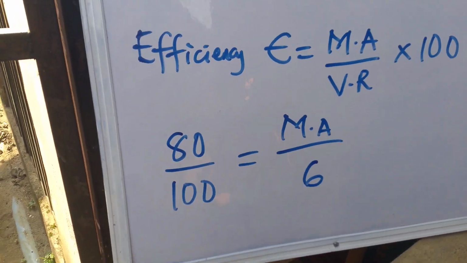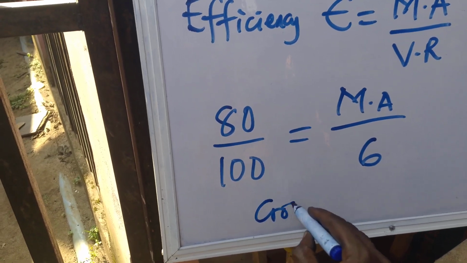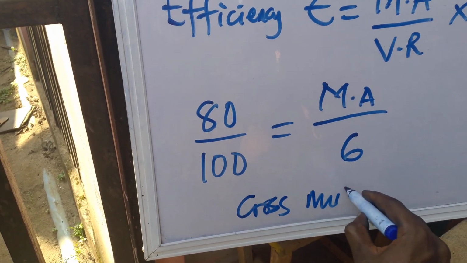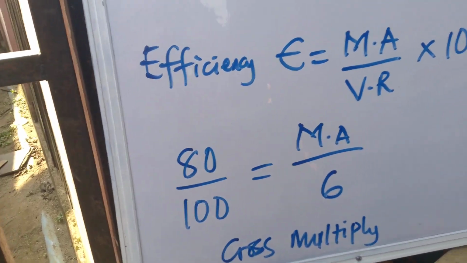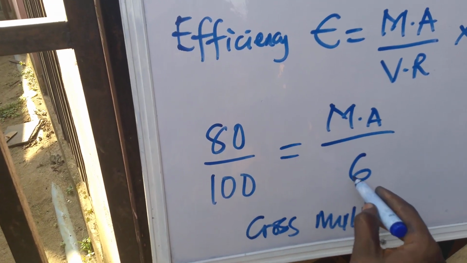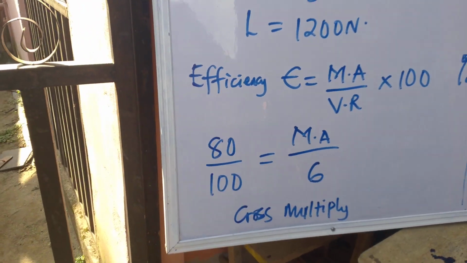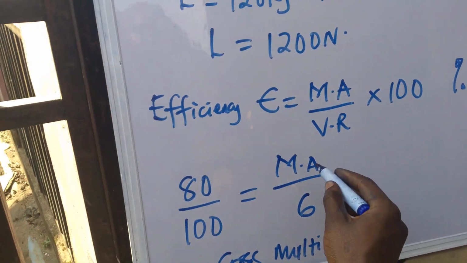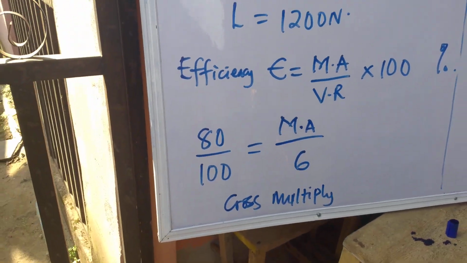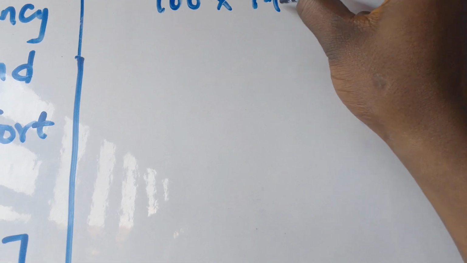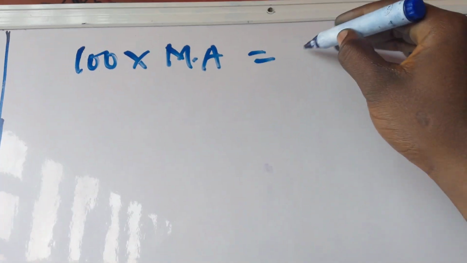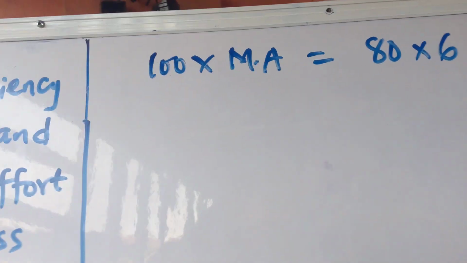If I cross multiply, we have this times this and this times this. So 100 times MA, and on the other side we have 80 times 6. This will give me 100 times mechanical advantage is equal to 80 times 6.